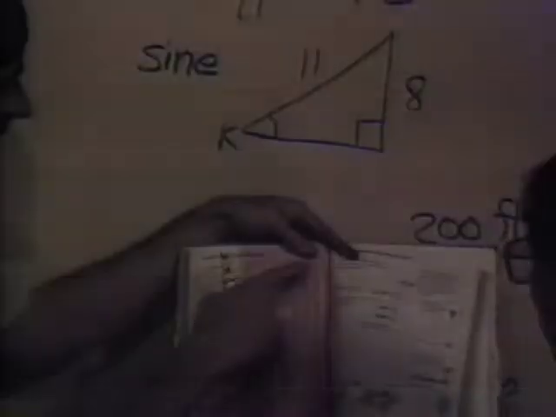What it is, it's got the measure of the angle and then the tangent ratio and the sine ratio and the cosine ratio. And in this case, if we found that the ratio of this side of the triangle to the hypotenuse, this side, was 0.72, we could go down the sine until we found 0.72. Go ahead and help me with this, Tim. Just take a look at this. Here's the sine. Go down until you find 0.72.